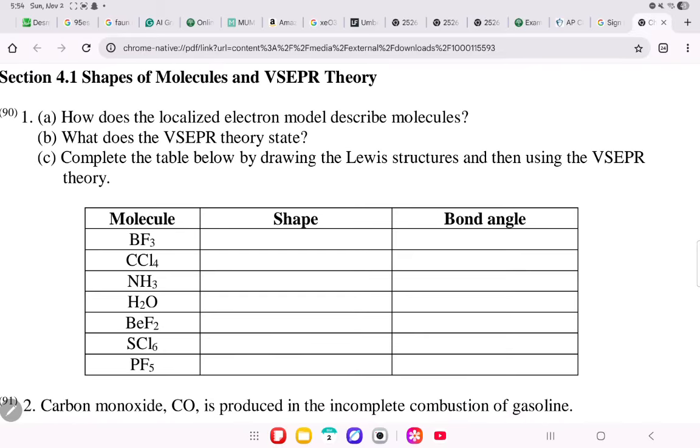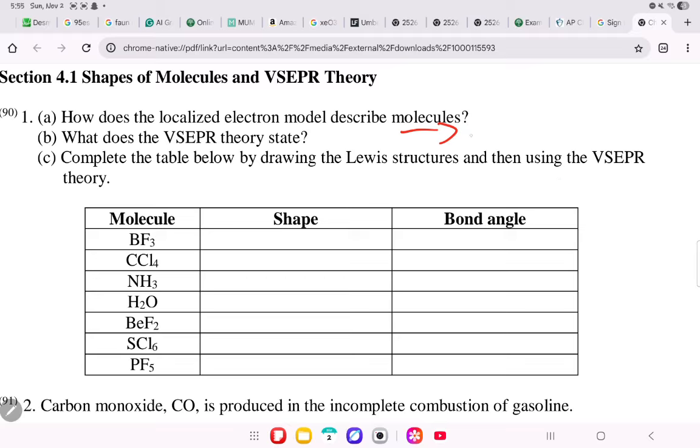Now, what does the VSEPR theory state? Very simply, it states three things. The very first thing that the VSEPR theory states is that Coulombic repulsion between electron domains surrounding the central atom determine the shape of a molecule by orienting the electron domains as far apart as possible. So all of this is words. We can very simply summarize.